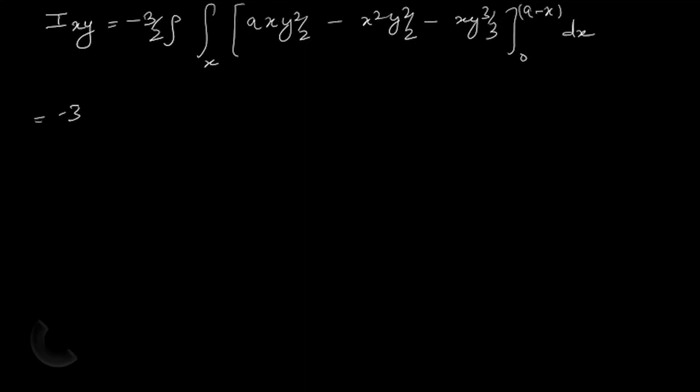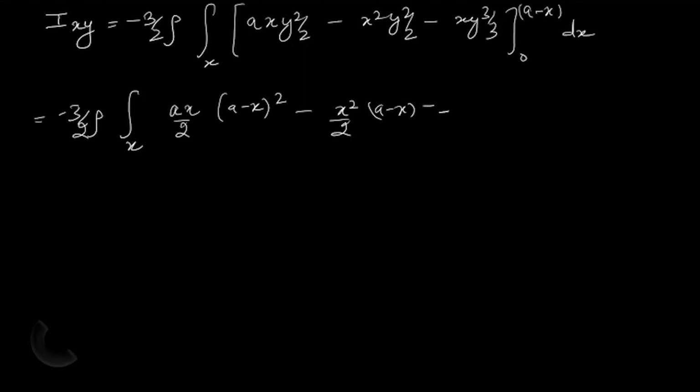Now let's put the limit for y. So this is minus 3 over 2 rho, and then integral x, so a x over 2, so (a minus x) whole square minus x square over 2 (a minus x) whole square, and this minus x over 3 (a minus x) whole cube. So this is our expression, and then dx.